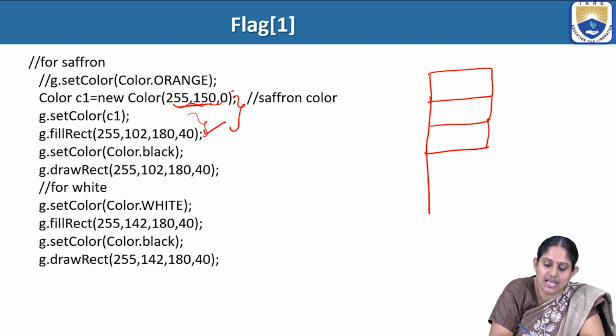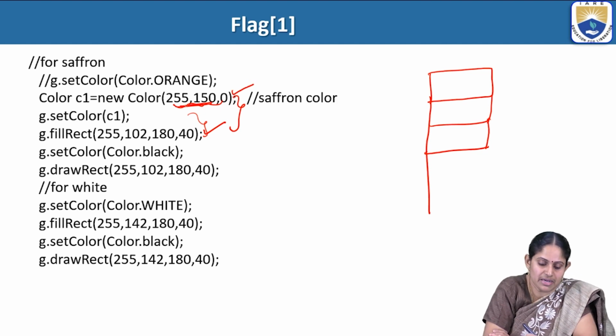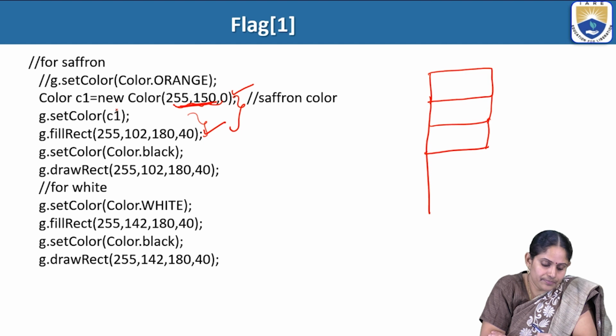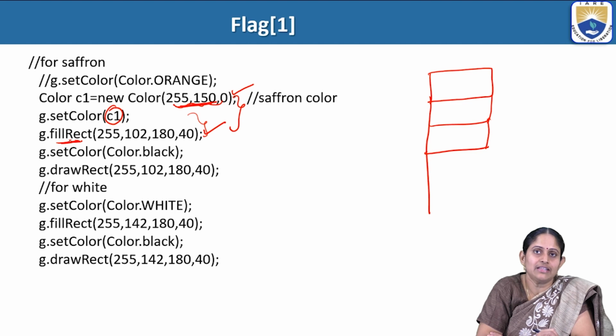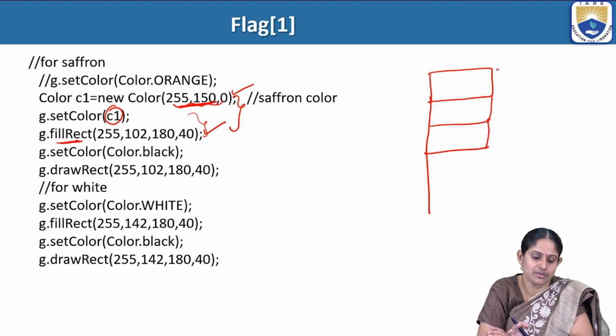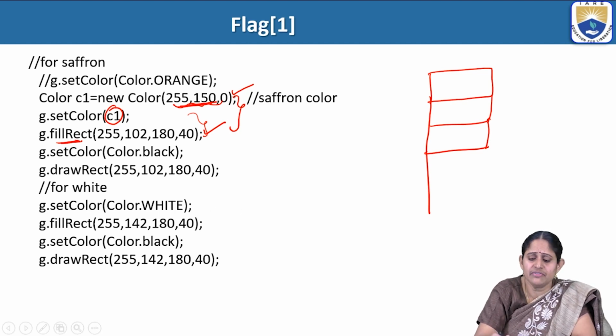I am setting the color to saffron using these parameters, and on the object I am applying the set color method. In the second case, I'm calling the filled rectangle method. It will draw a filled rectangle. As we have seen in the previous case, it had used fill oval. Similarly, we will get fill rectangle, which will fill this rectangle with saffron color.